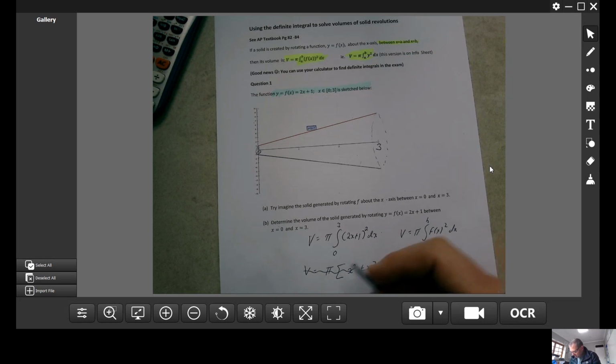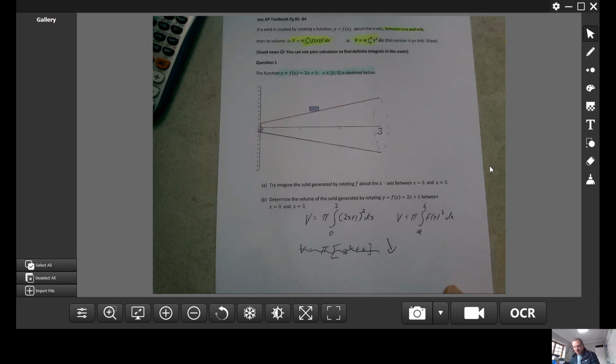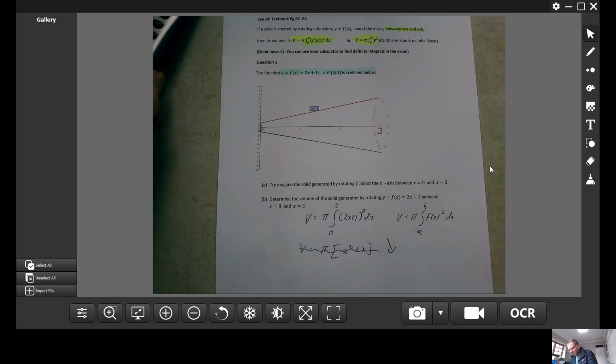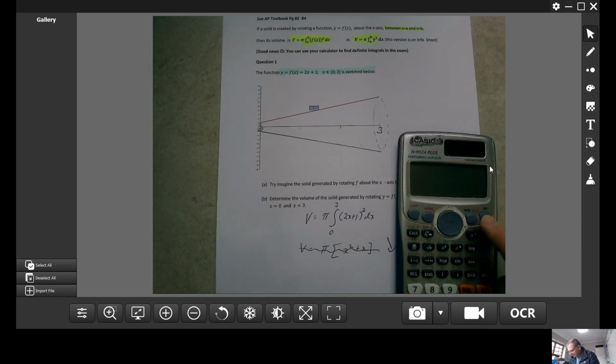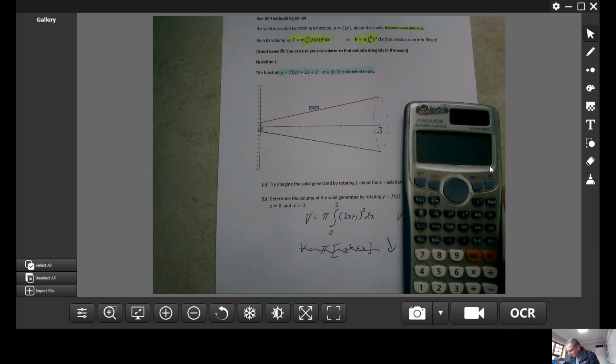To be quite honest, you can multiply that out if you want, but time is short, so let's do it on the calculator, which you should be comfortable with.